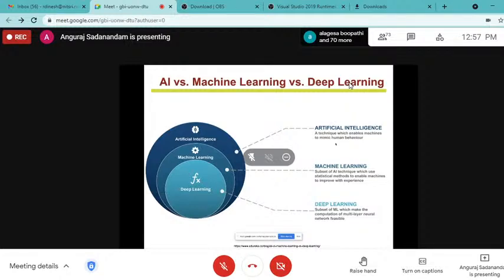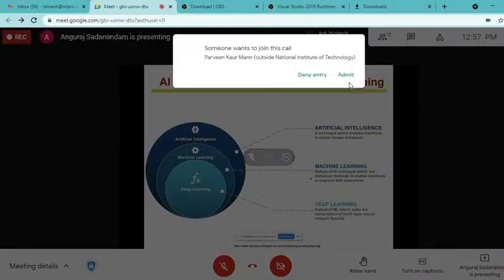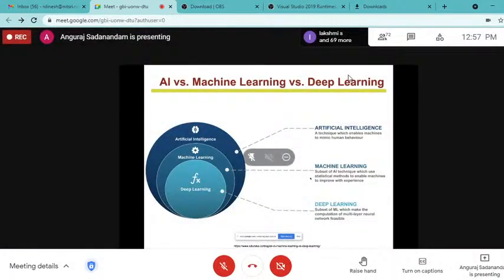Machine learning is the larger subset, where the machine learns and mimics human behavior at one particular level. Deep learning goes to multiple, deeper levels to learn and understand, so it is much more complicated than machine learning. Overall, artificial intelligence is supposed to go beyond what humans can imagine.